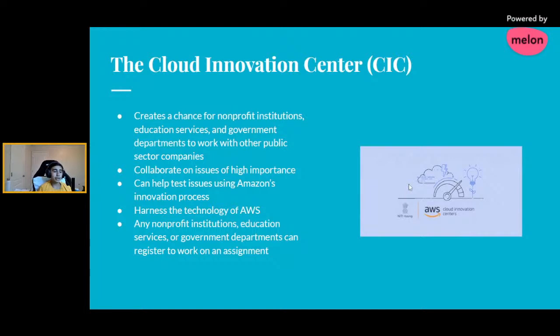And this can help test issues using Amazon's innovation process. And obviously, like the last slide talked about, testing issues is a really big part of it. You can harness the technology of AWS, and any nonprofit institutions, education services, or government departments can be able to register to collectively work on an assignment.